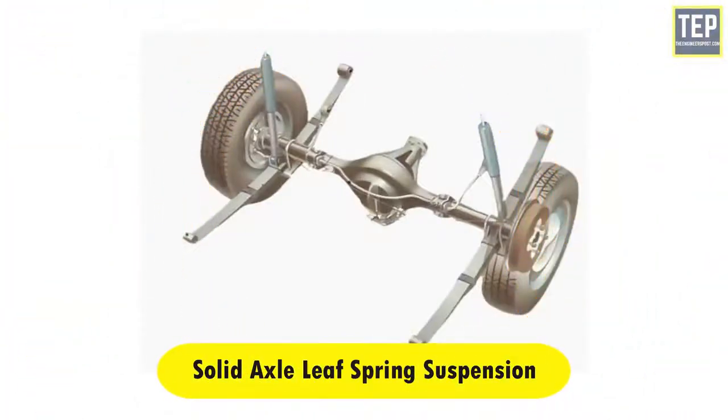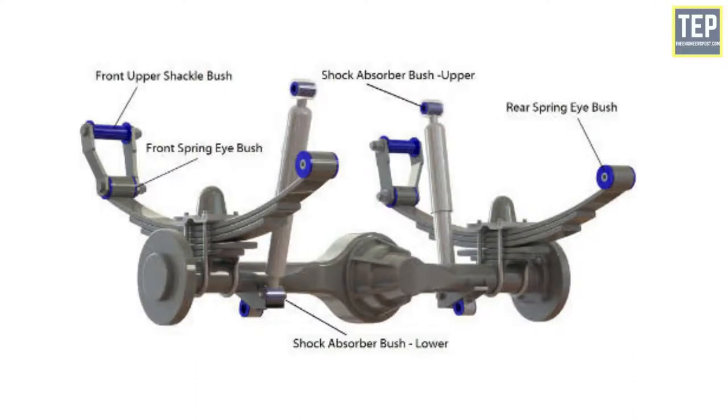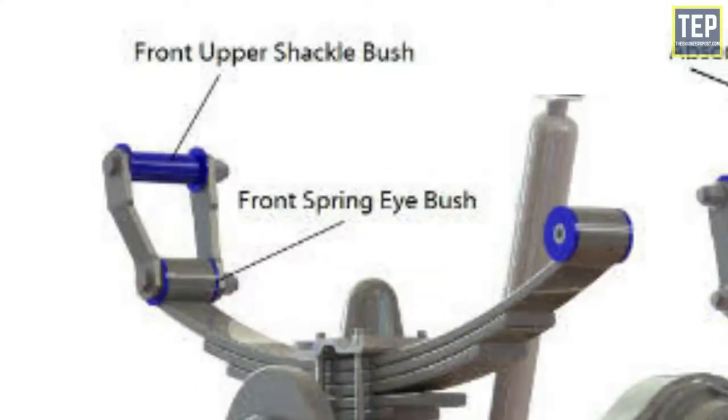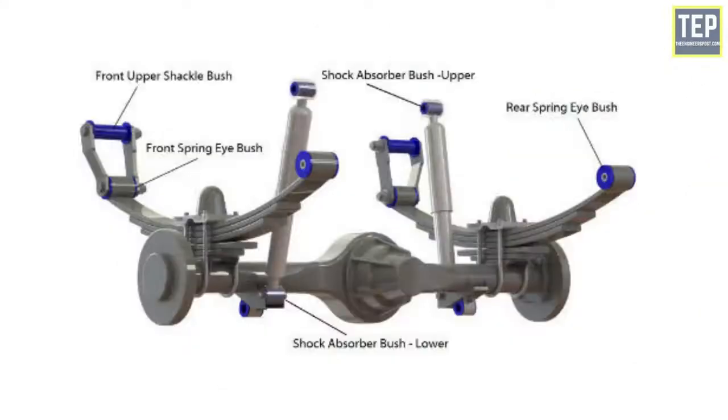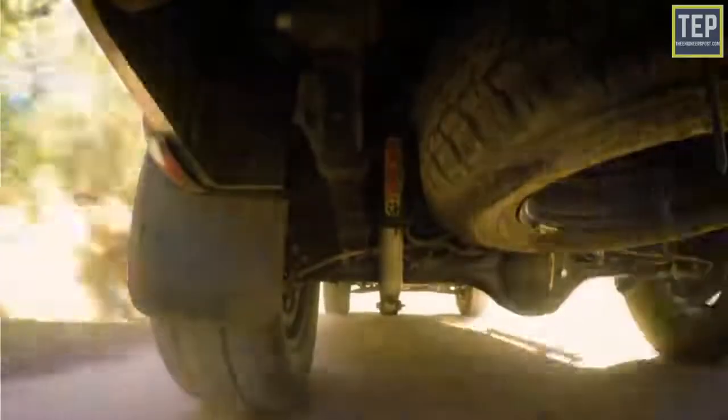In solid axle leaf spring suspension, leaf springs are used as suspension members. The longest spring in the setup bends into a circle to form a spring's eye. This spring's eye is bolted to the spring hanger, and the other end of the spring is attached to the shackle. This shackle allows the change in length of the leaf spring when it bends.